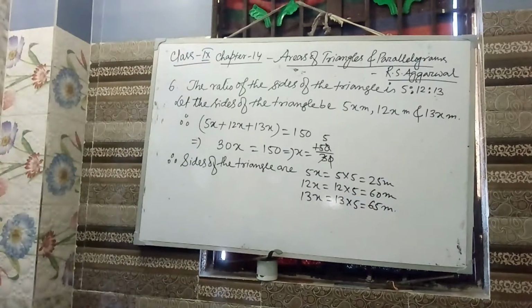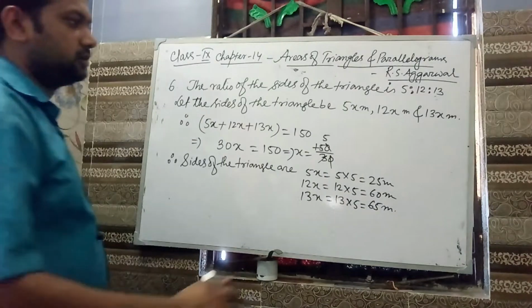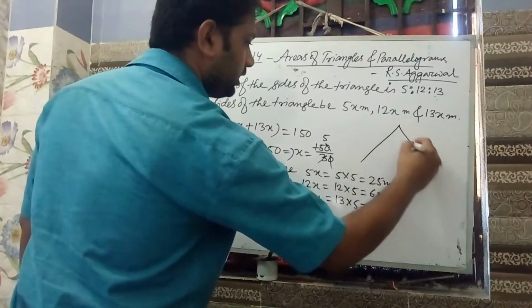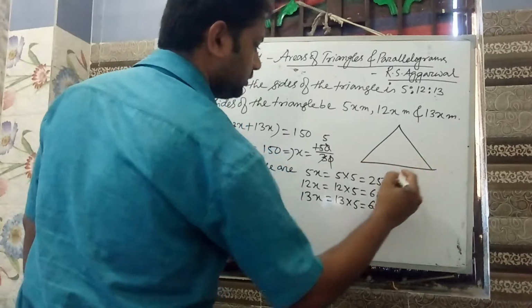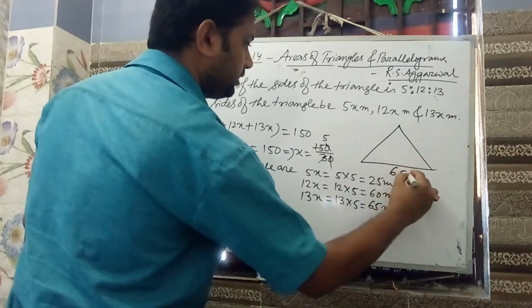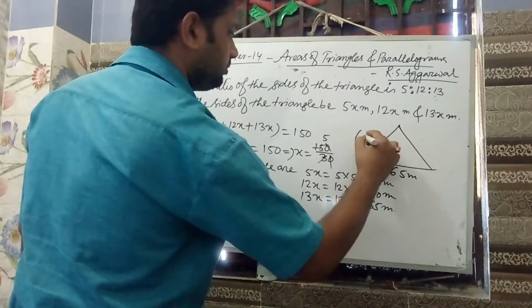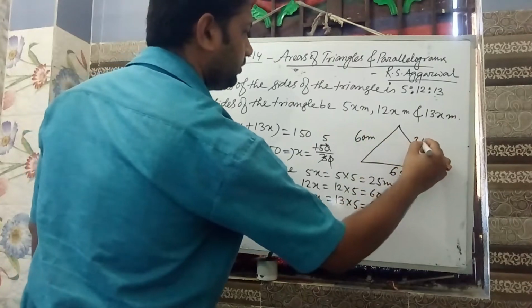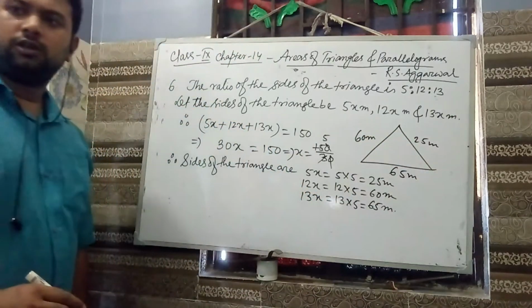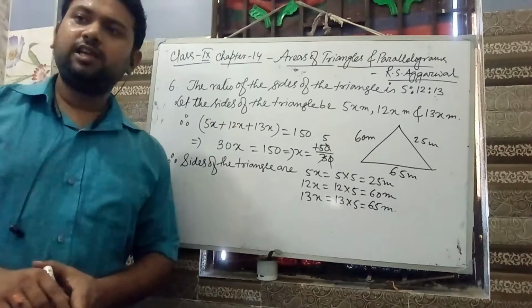So you got the sides of the triangle. Let us draw a rough sketch. Suppose this is 65 meter, this is 60 meter and this is 25 meter. So you have to find out area of the triangle.